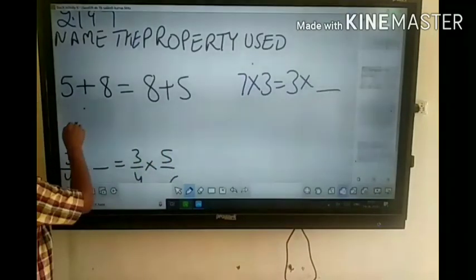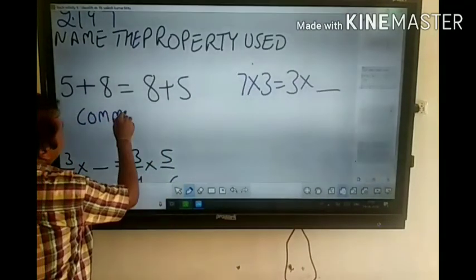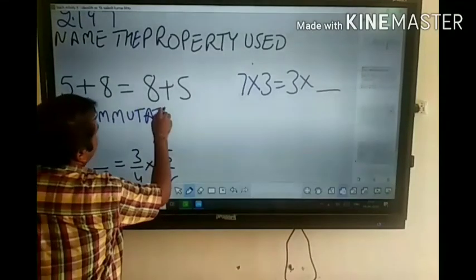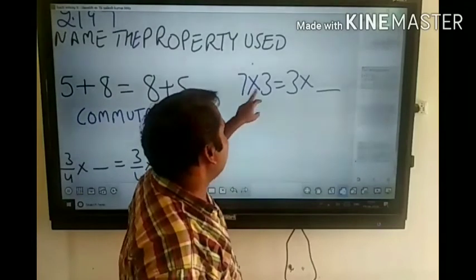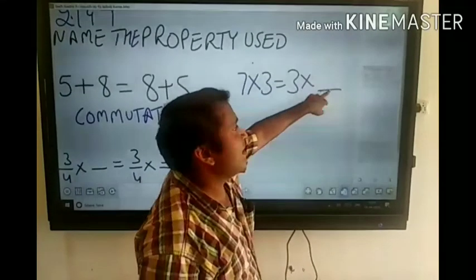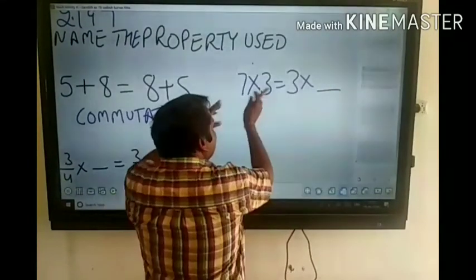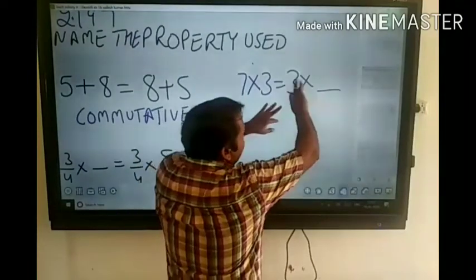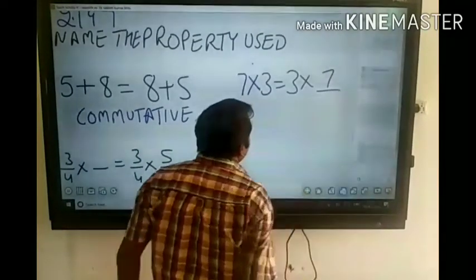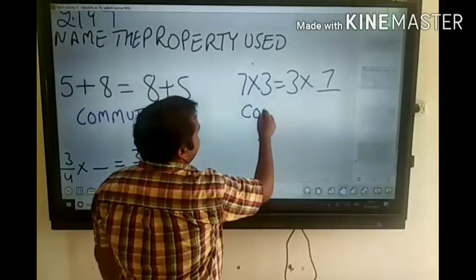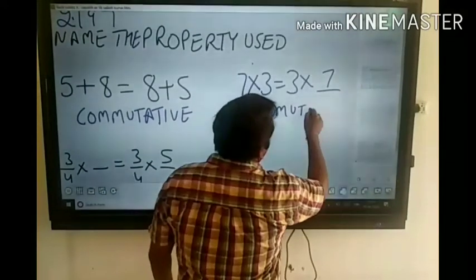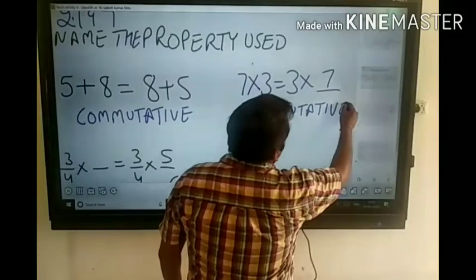So I will name this commutative. After this is 7 multiply 3 is equal to 3 multiply, what should be here? 7 multiply 3 is equal to 3 multiply 7. So what will we name this? This is also the commutative property.